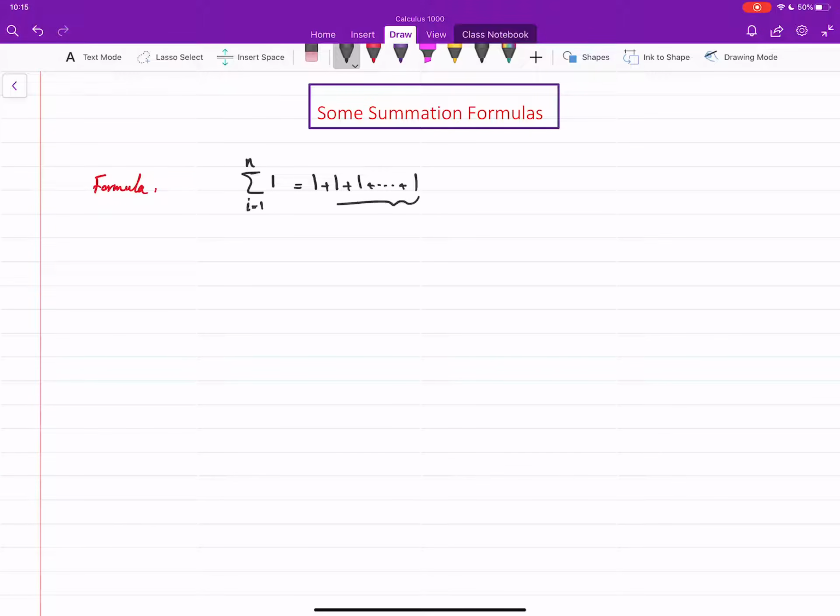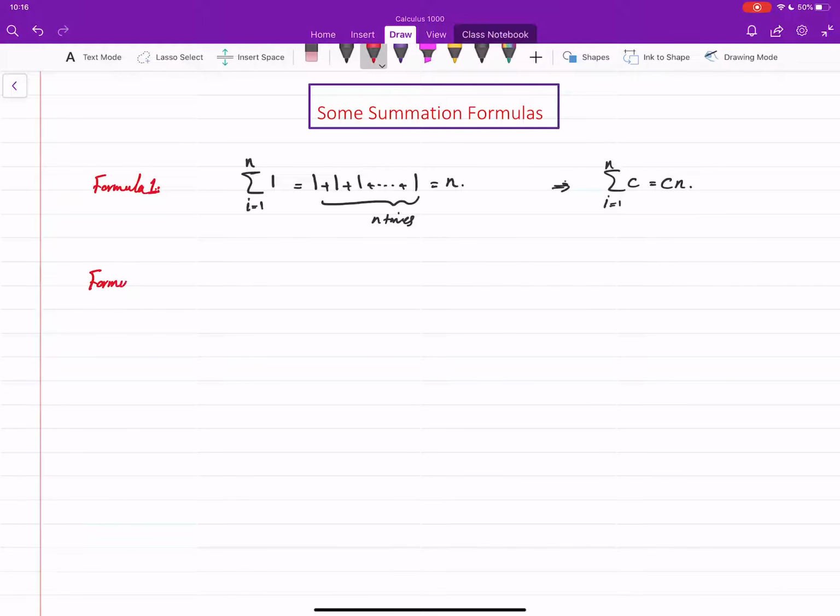So n times you have this, and obviously that is n. As a result, if you have any constant, the sum of the constant c, i going from 1 to n, is going to be c times n. That's the formula. Let me write it as formula 1.